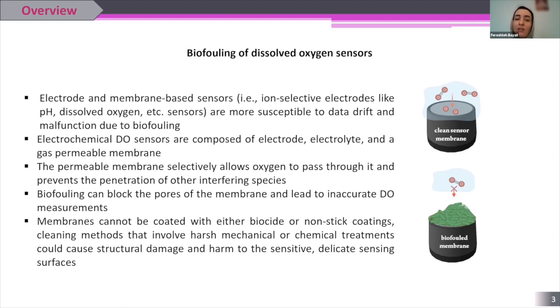There are different methods to clean the surface of the membranes, mostly using harsh chemical or mechanical treatments, which will damage the membrane surface, which is a sensitive, delicate surface most of the time.